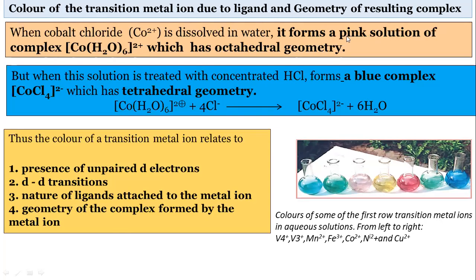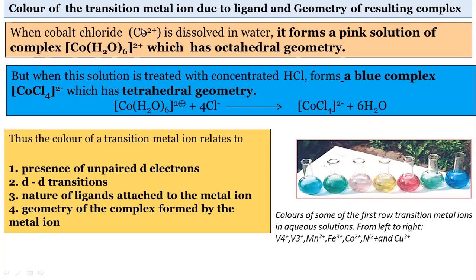And why is this pink solution formed? Because the complex is different and its geometry is also different. If you see carefully, such a complex is formed, [Co(H2O)6]2+. It means water ligands are there and it has octahedral geometry.